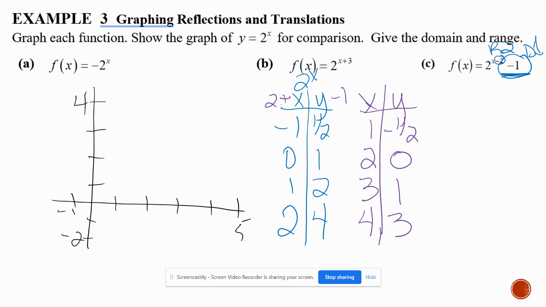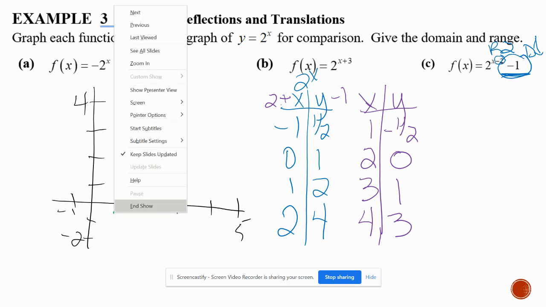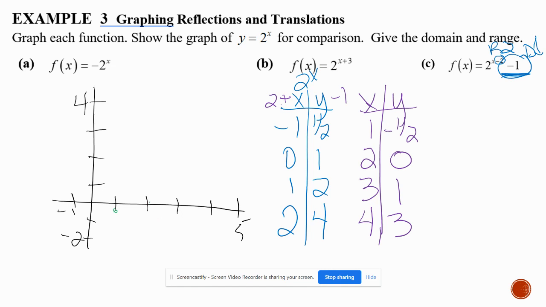Graphing those points, we have 1, -1/2, 2, 0, 3, 1, 4, 3.